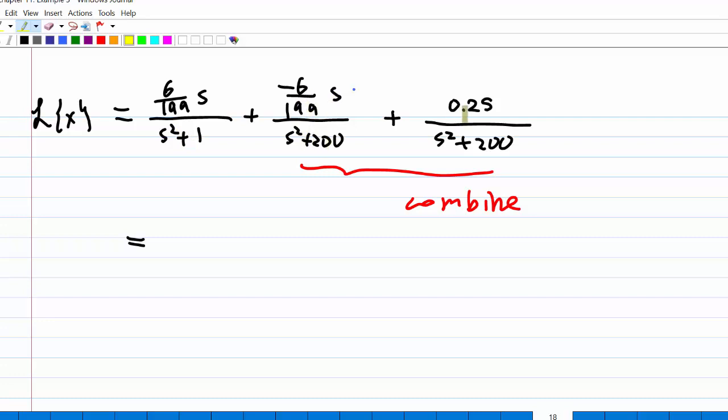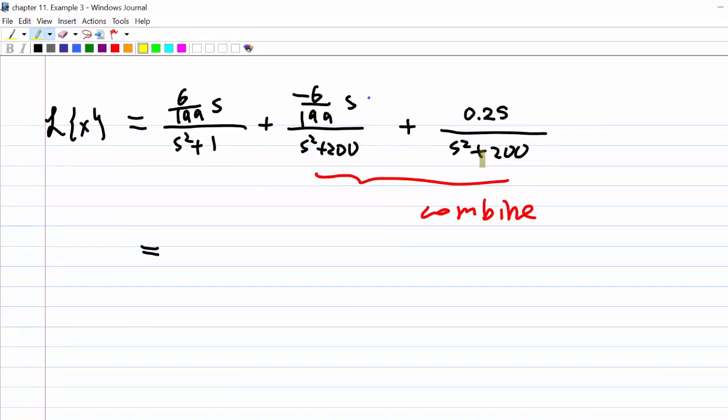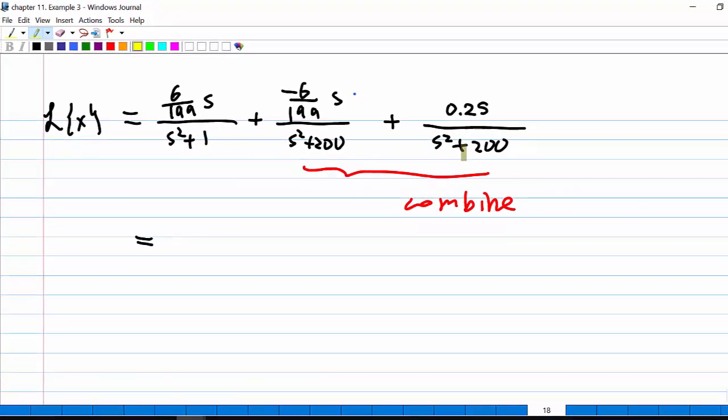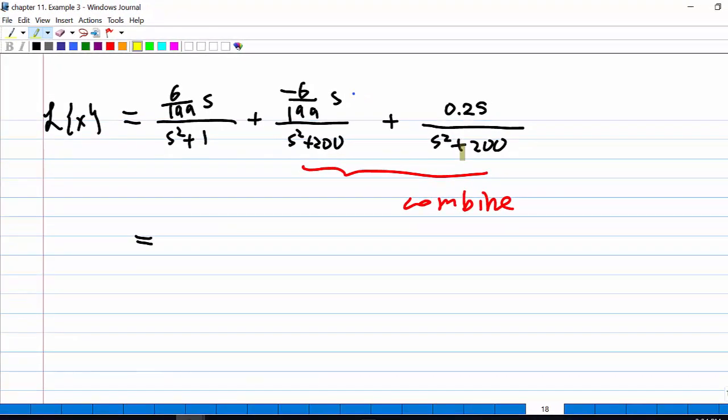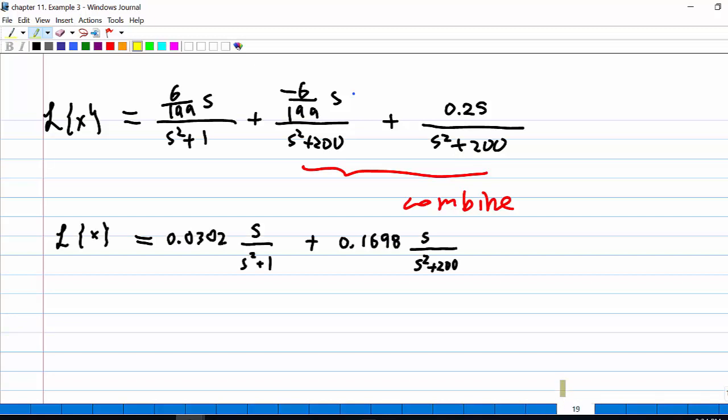The last two terms can be combined because they have a common denominator, and you get 0.0302 s over s squared plus 1 and 0.1698 s over s squared plus 200.